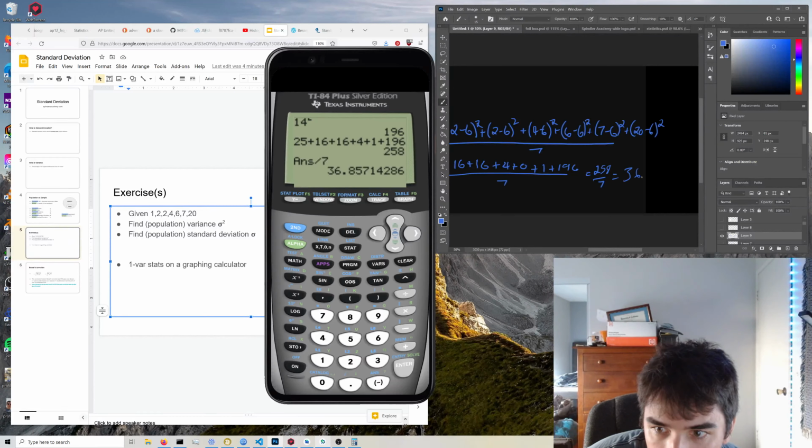Then we do the square root of that, and it's going to be almost 6.